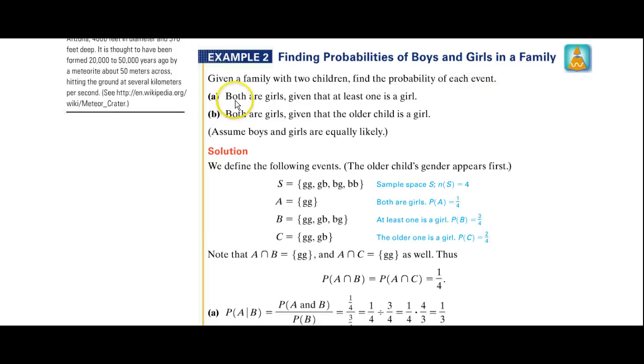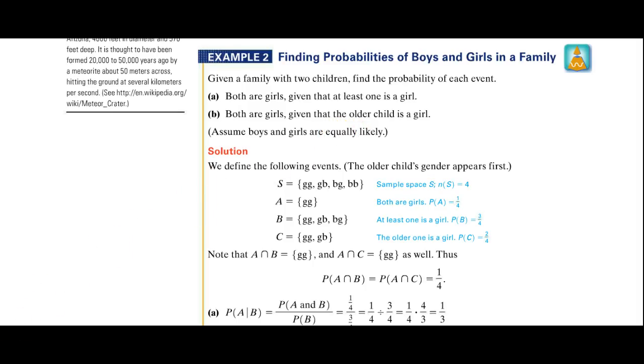A, both are girls, given that at least one is a girl, and then B, both are girls, given that the older child is a girl. And we're assuming that the events boy or girl are equally likely.